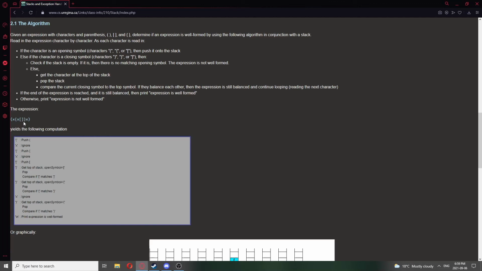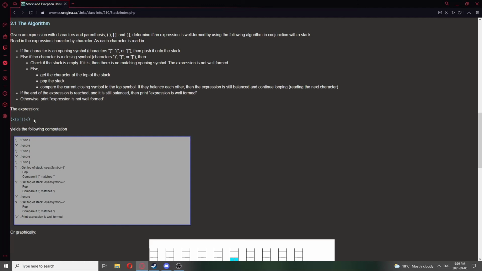So since we're encountering that, we're going to pop the first item on the stack, which is an opening square bracket. That matches. We'll next read the closing curly brace. We'll pop that. The next thing left on the stack would be this brace here. So we'll pop that, it matches. Ignore the X. Pop the last parenthesis, it matches the opening one.